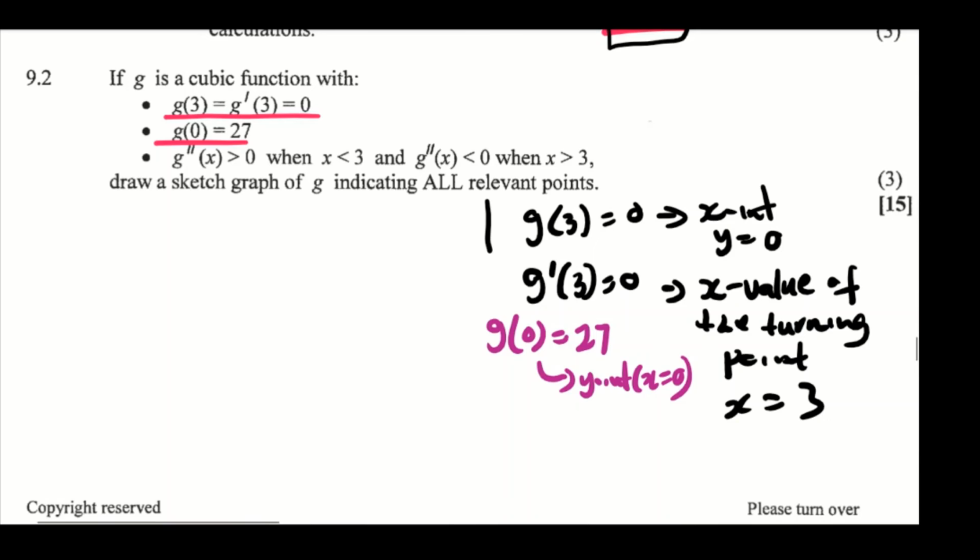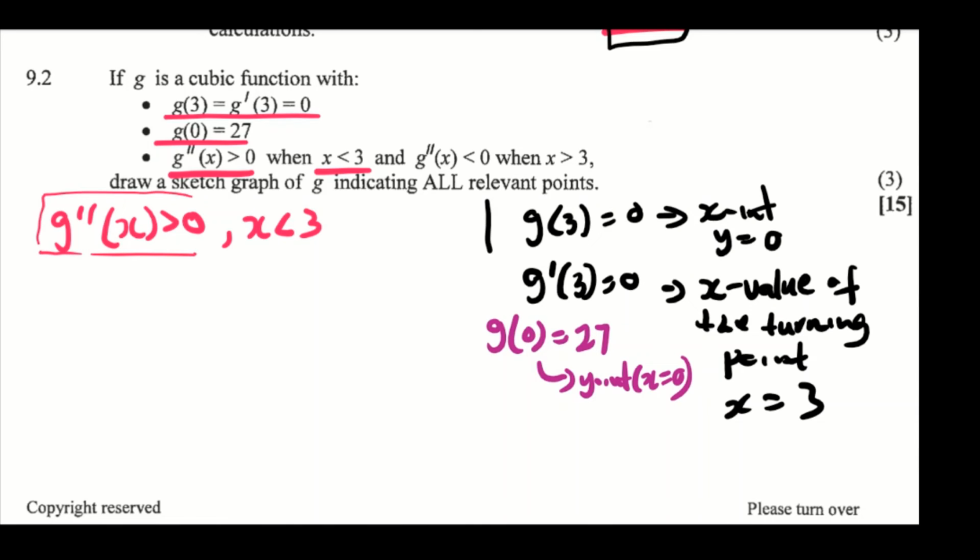What else should I explain? I'm going to explain what I explained in the previous question that we just did in 9.1. I said when you have g prime prime of x greater than 0, the second derivative being greater than 0, where x is less than 3, this tells you the concavity of the function, right? When it's greater than 0, it's concave up.